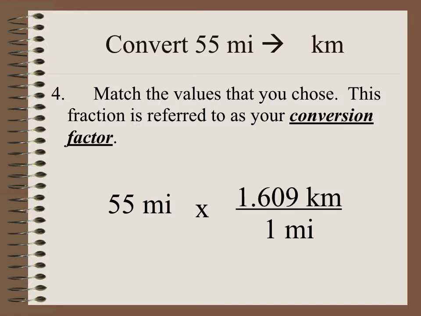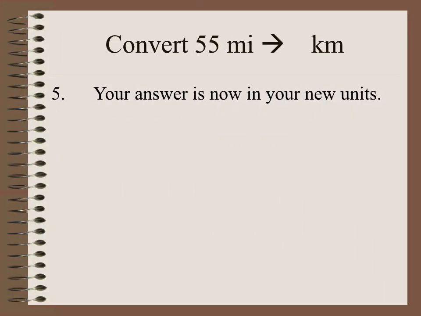You can now input this into your calculator numerically the way that you see it. 55 times, and then using the fraction bar, put 1.609 on top and 1 on the bottom. Notice that we have miles in both the numerator and the denominator, so they'll cancel. This is now going to give us our answer in our new units, 88.5 kilometers.